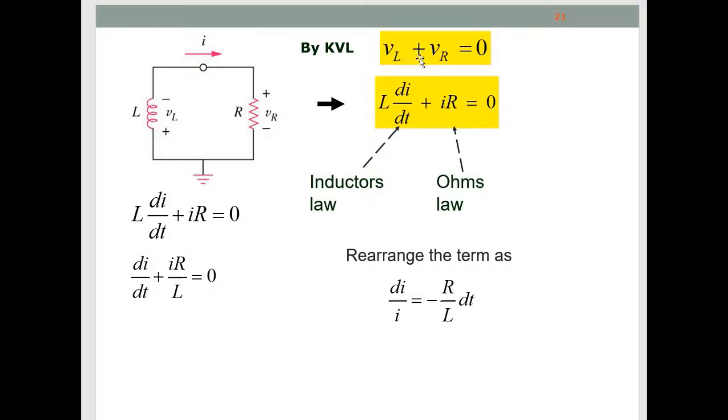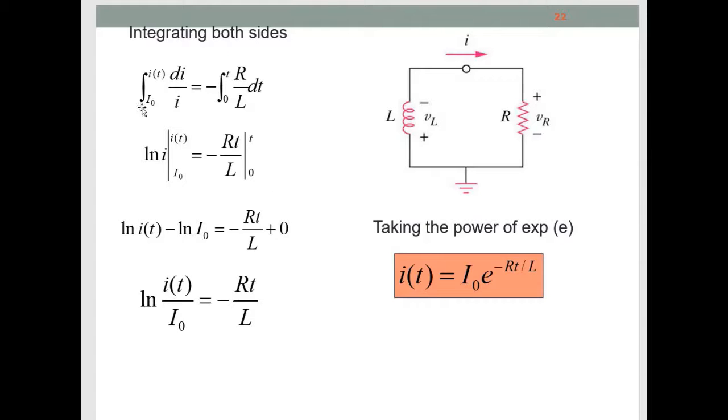Why do we need to transform this? Because we are interested to find the I, the current that flows in the inductor. From this there is no current term, but here there is a current, I.